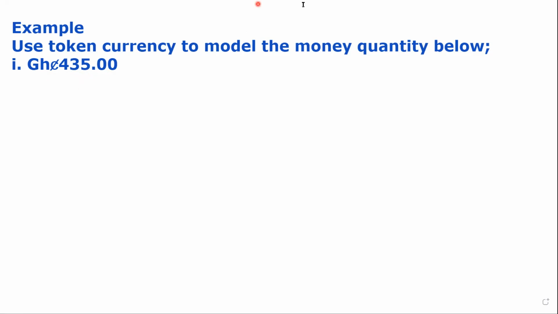Let's write our solution and start solving. Now you write your illustration. After the illustration, then you choose your currency notes.